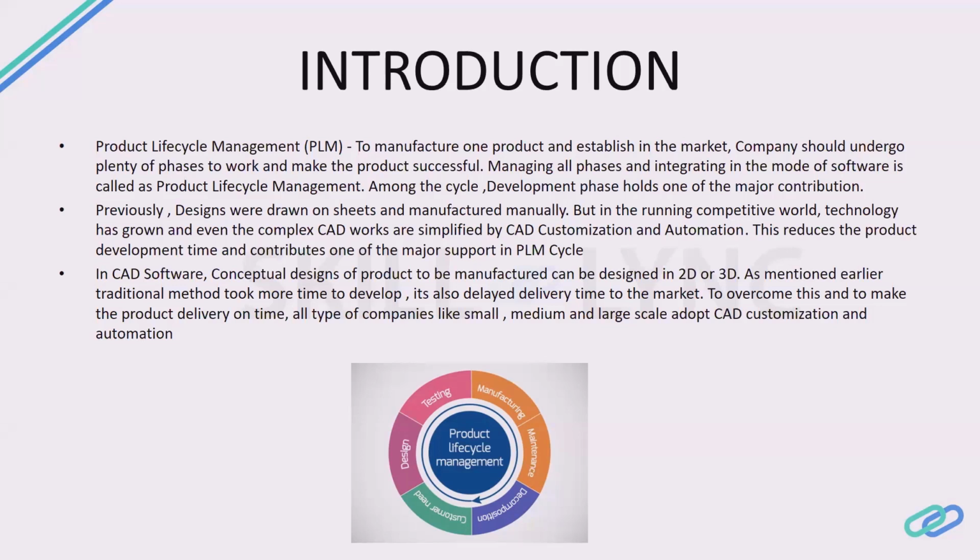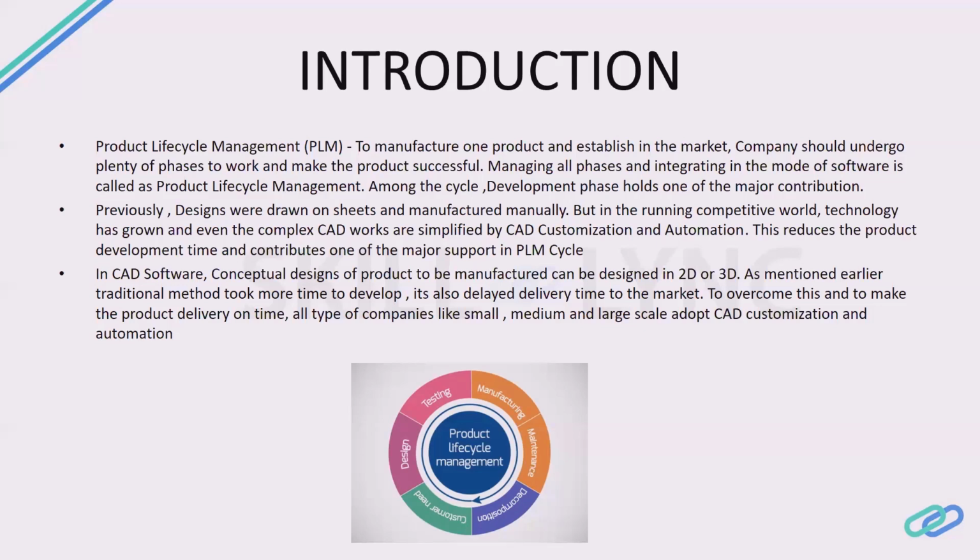So the companies came up with design software suites with more functionalities and more automation scope. The designer can use customized toolbars, customized sketches, and customized commands to create the design, and can also use automation scripting to automate some processes. So this is how the software has come into the field.